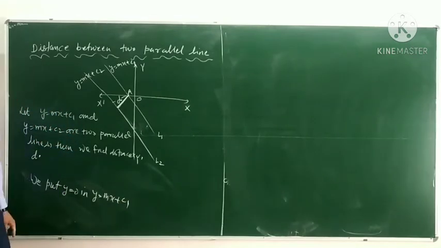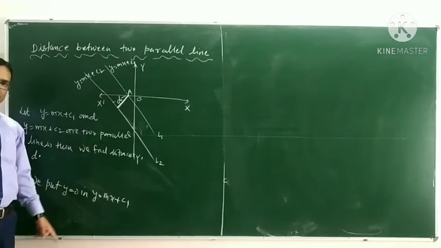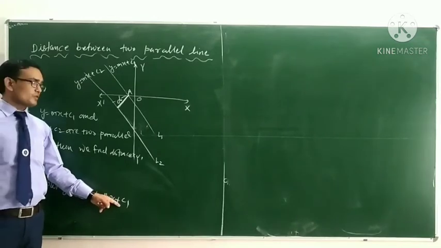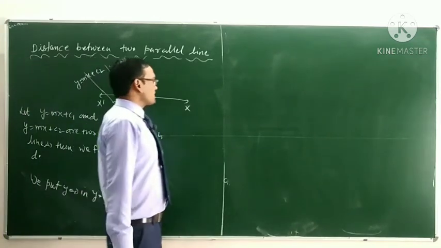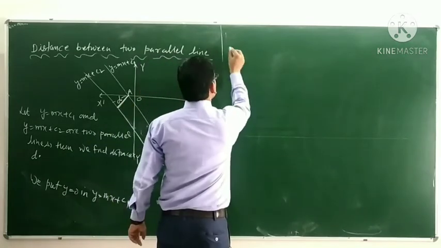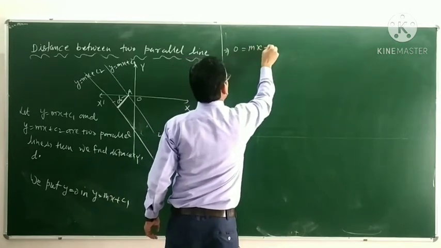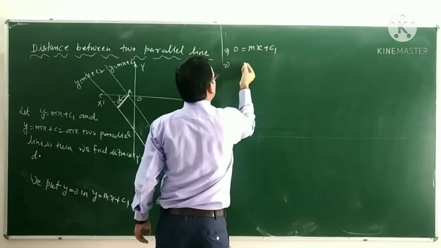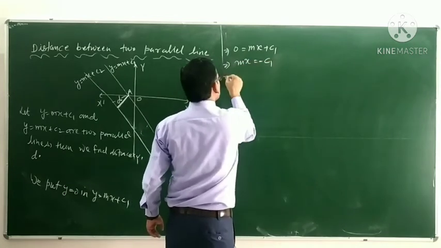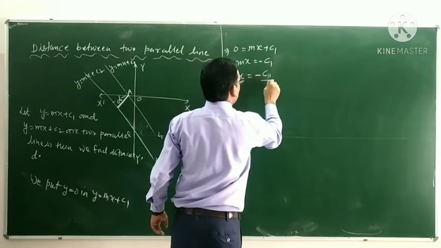This implies that 0 equal to mx plus c1, so mx is equal to minus c1, so x equal to minus c1 upon m.